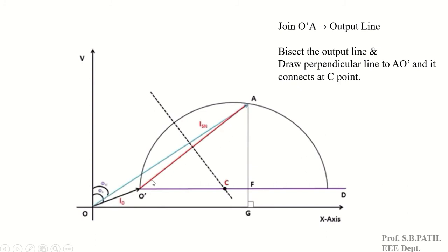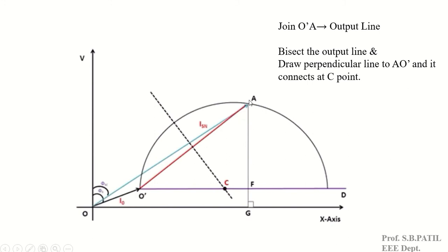Let's join this A O dash. This is the output line. Bisect this output line and draw the perpendicular line to this O dash A, it meets at C on the O dash D line. Take the radius O dash C and draw the semicircle, and it should pass through the O dash and A points.